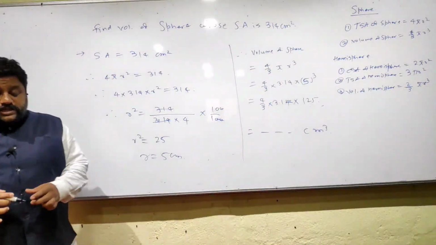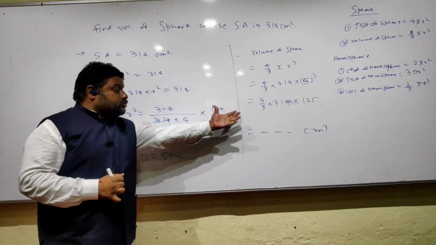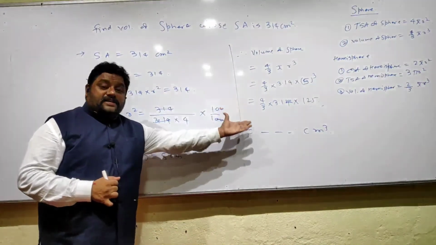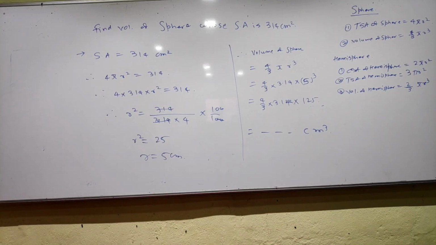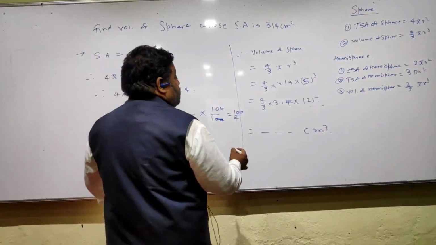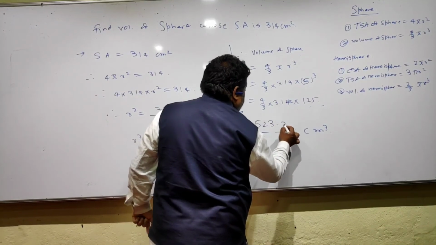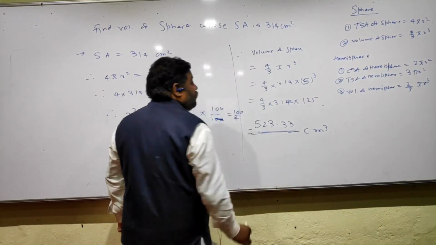You need to solve this and find out the volume. I will give you the answer for that. Yes, make a video, pause and find the answer first of all. Once you solve this, the answer will be 523.33 cm cube will be the volume.